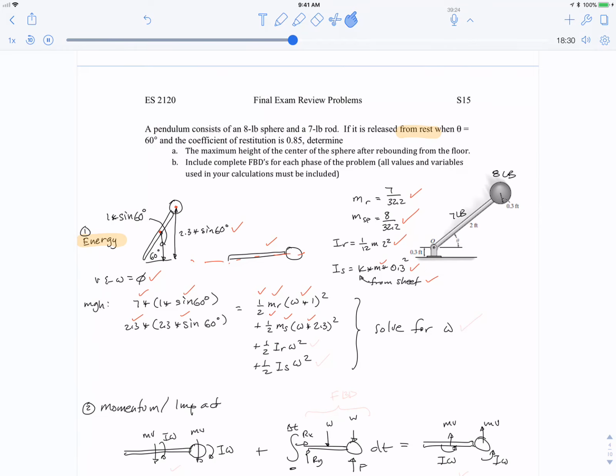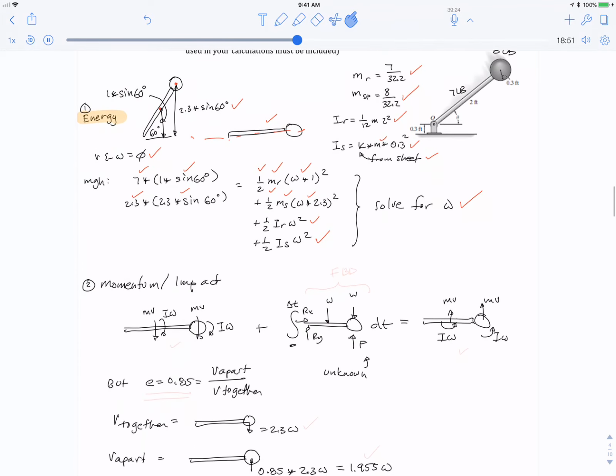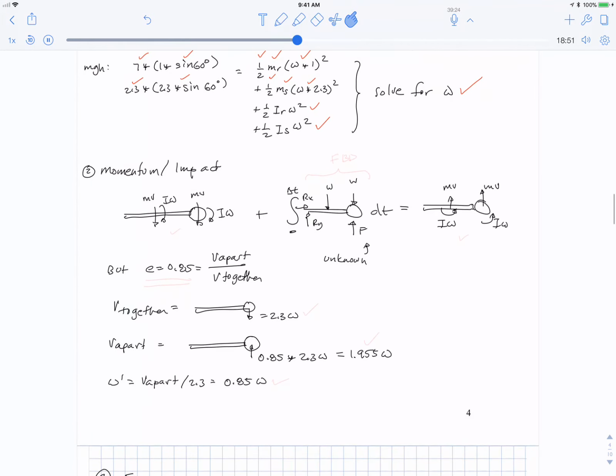And then there's just 1/2 I rod omega squared, 1/2 I sphere omega squared. Because this is a rigid body, remember every point has the same omega, so you don't have to write omega rod and omega sphere. They're all just omega. So the only unknown in this is omega, and I'll leave it to you to solve for omega. So we know the omega just before it impacts the ground.